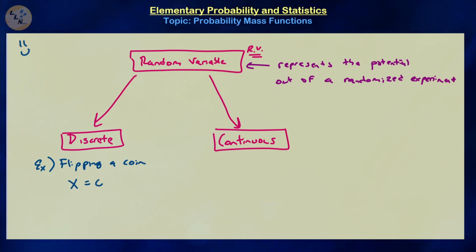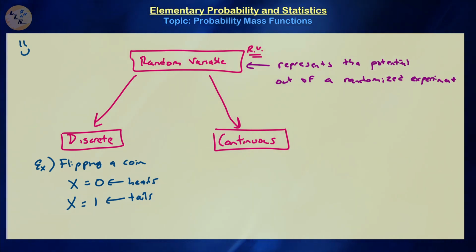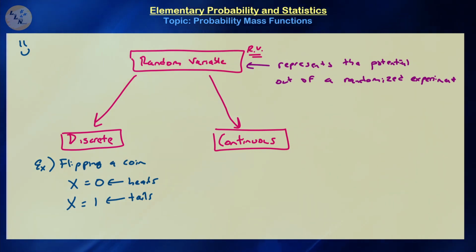So we can say x is equal to 0 if we get a heads, and we can say that x is equal to 1 if we get a tails. Right? So if we flip a coin, either x is going to be 0 or x is going to be 1. Sometimes we refer to that as a Bernoulli random variable. It's either heads or tails, 0 or 1, true or false, yes or no, that type of binary expression.